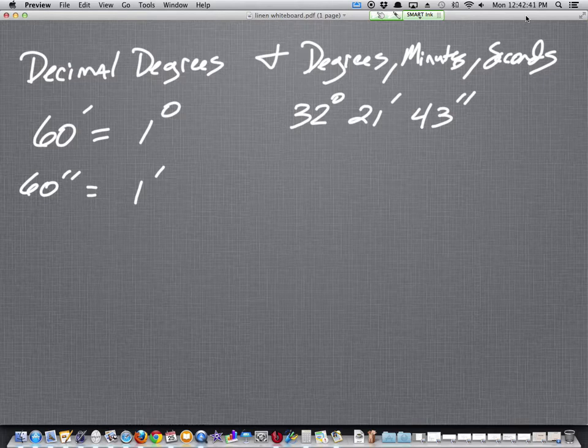So if 60 minutes is in 1 degree and 60 seconds is in 1 minute, how many seconds are in 1 degree? 3,600. Yes, 3,600. So there are 3,600 seconds in a degree.